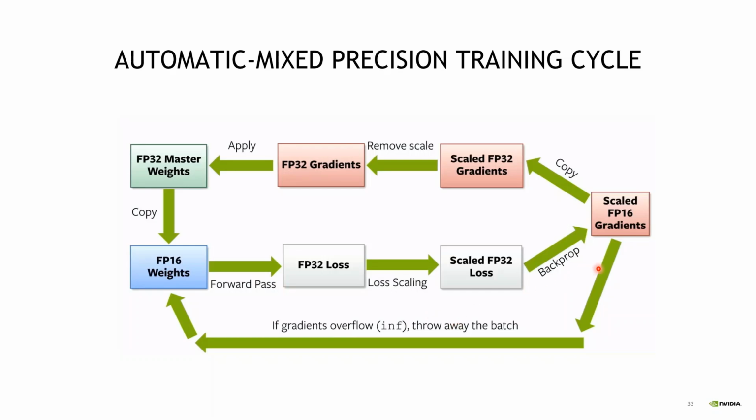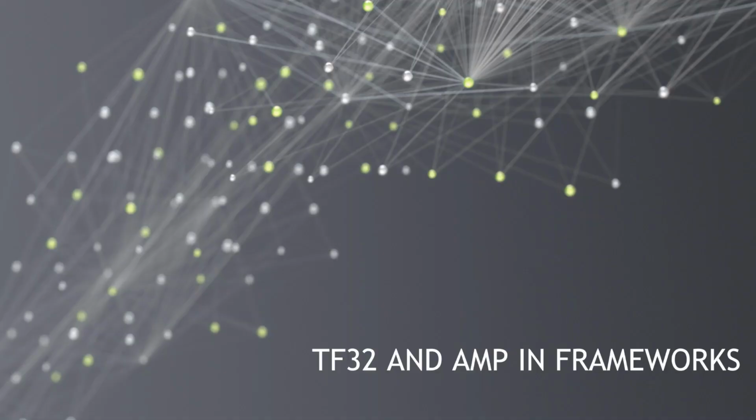But if gradients are good, we're doing a copy of FP16 gradients into FP32, unscale them, remove scale, and update our FP32 version of master weights. After that, we can convert master weights into FP16 version and continue to train. And this is the complete picture.